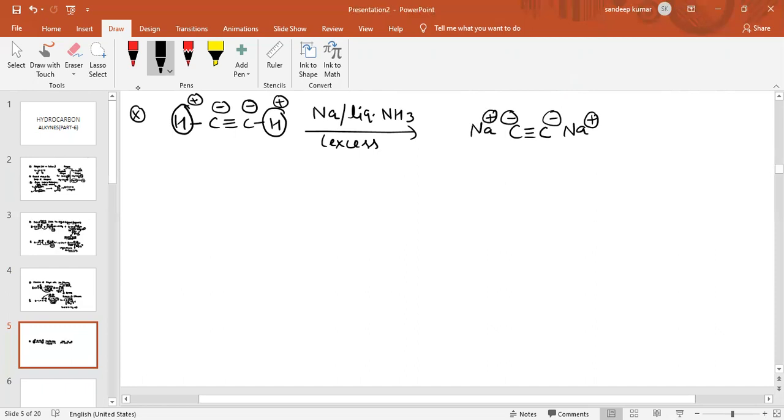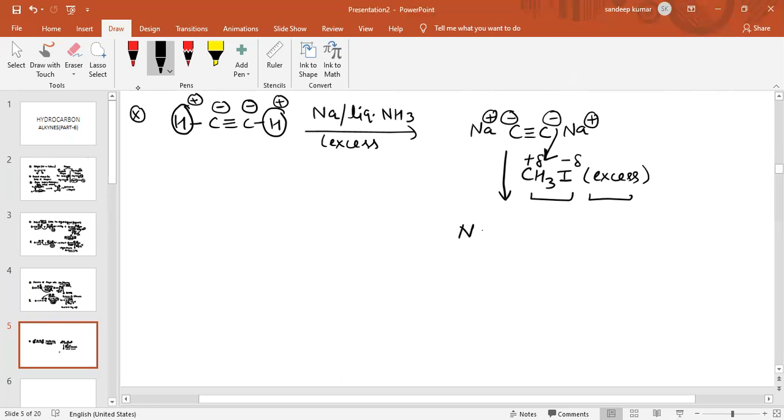Now see what happens if CH3I is also added in excess. The iodine will carry a partial negative charge and this carbon will carry a partial positive charge. If CH3I is present in excess, this nucleophile will attack this carbon atom in one step.